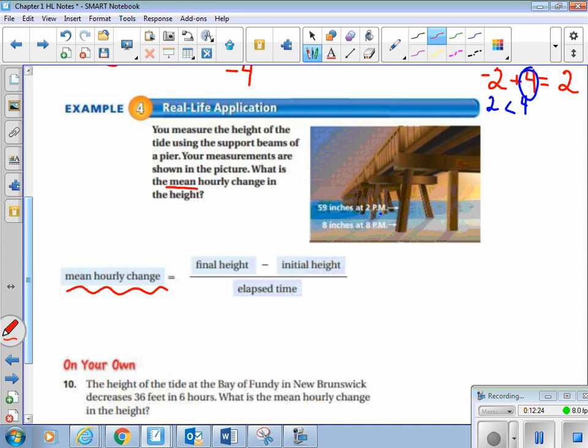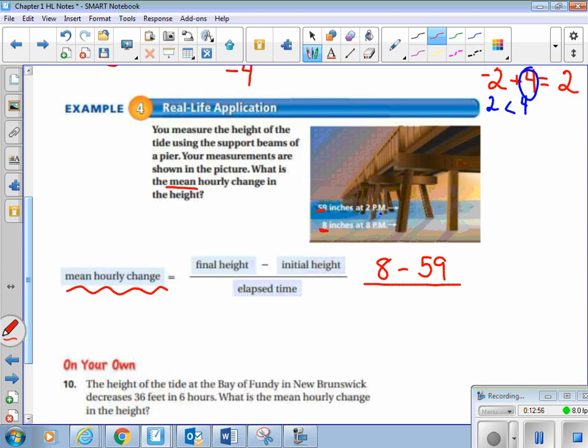So it looks like at 2 p.m. you had 59 inches, and at 8 p.m. you have 8 inches. So my final height would be 8. That's what it ended at. 8 p.m. is later than 2 p.m. So for my final height, I'm going to substitute in 8, minus my initial height of 59, divided by the elapsed time.